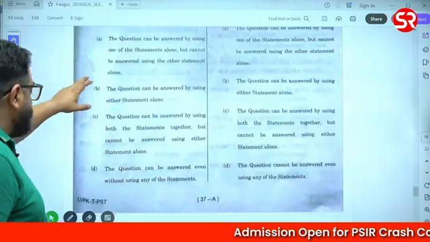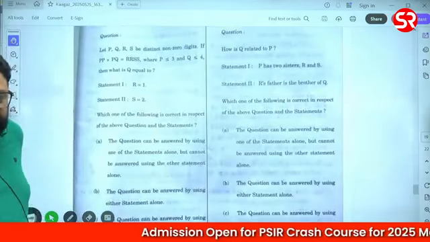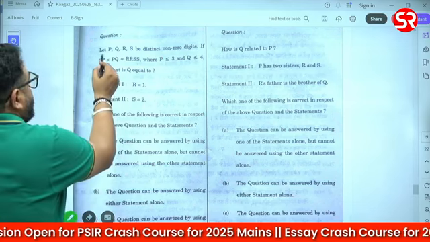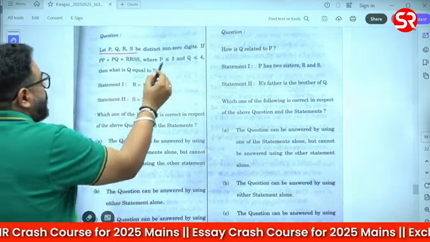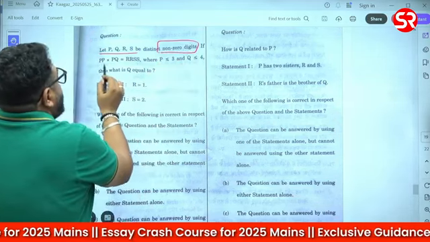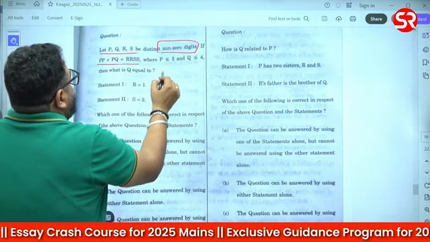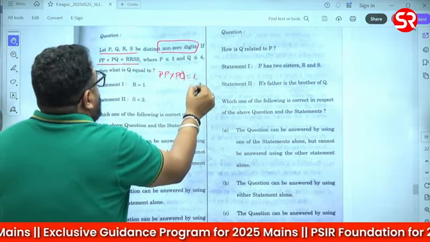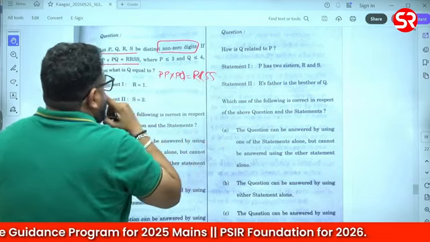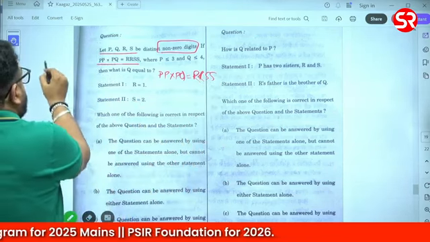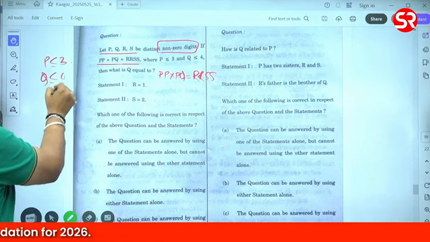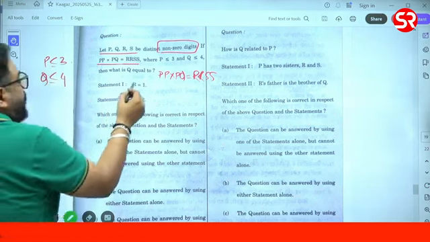Let us see the next one. Now again he is giving you a lot of ranges. Let P, R, S be distinct non-zero digits. If PP into PQ is equal to RRSS, where P is less than or equal to 3 and Q is less than or equal to 4, what is the value of Q?